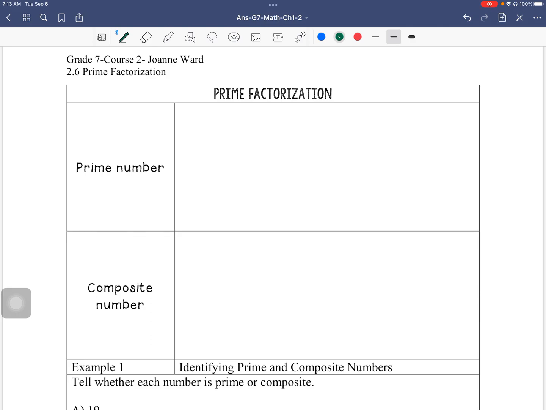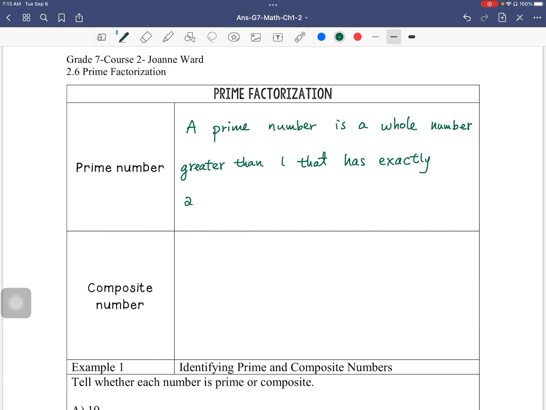So a prime number is a whole number greater than 1 that has exactly two factors, 1 and itself.